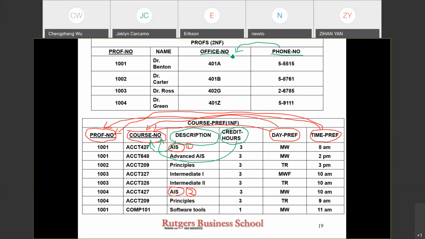In that case, there's no transitive dependency in the professor table, and that table would be in third normal form. So it is essential to carefully examine the assumptions that govern the dependencies between attributes in the table.